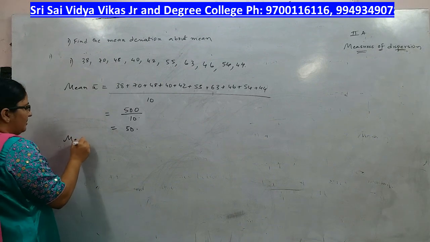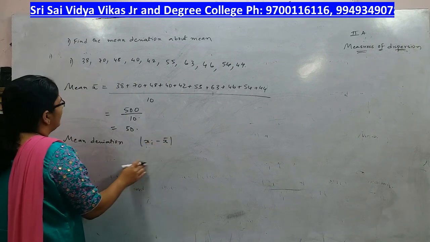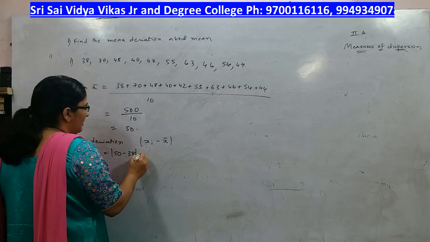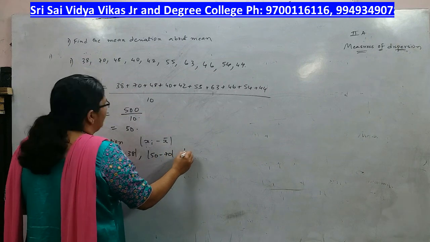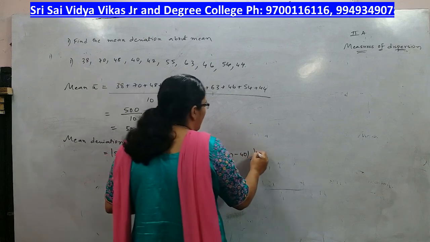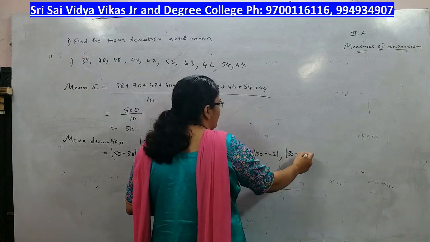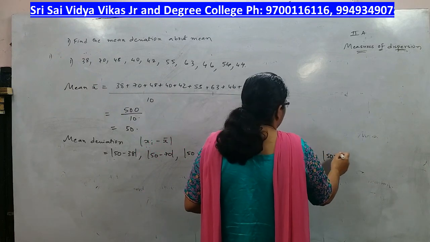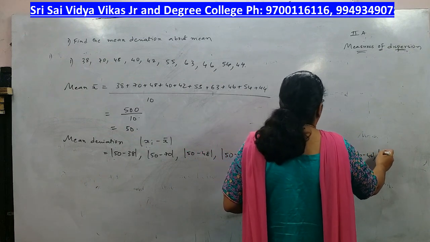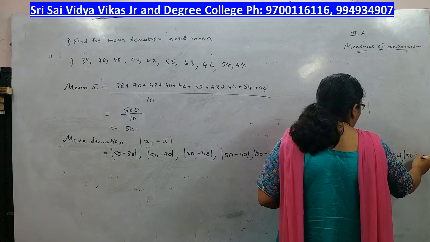Mean deviations are xi minus x bar, that is 50 minus 38, 50 minus 70, 50 minus 48, 50 minus 40, 50 minus 42, 50 minus 55, 50 minus 63, 50 minus 46, 50 minus 54, 50 minus 44.